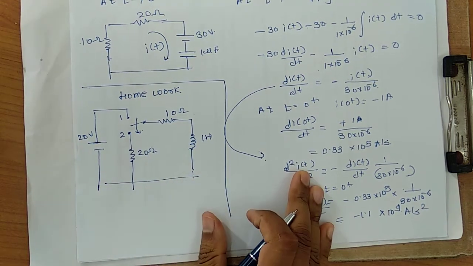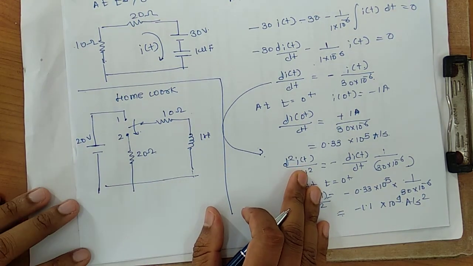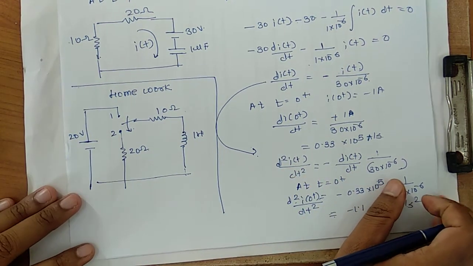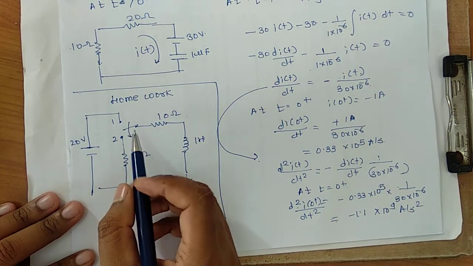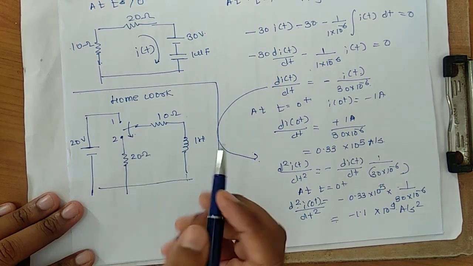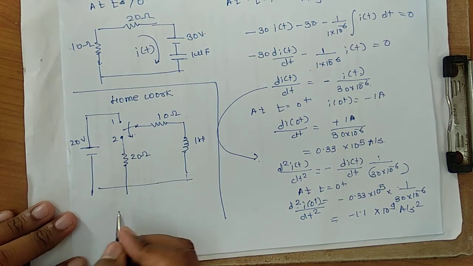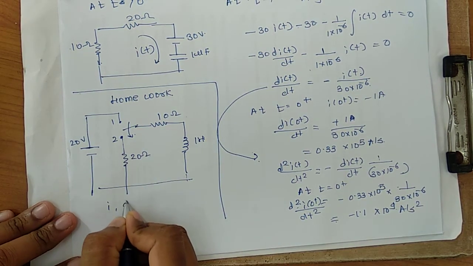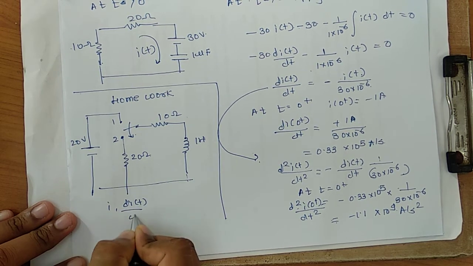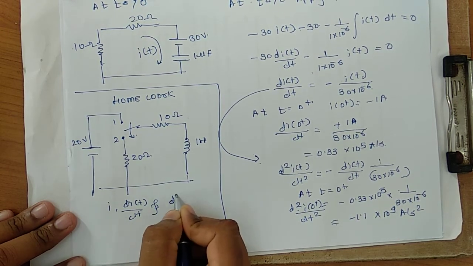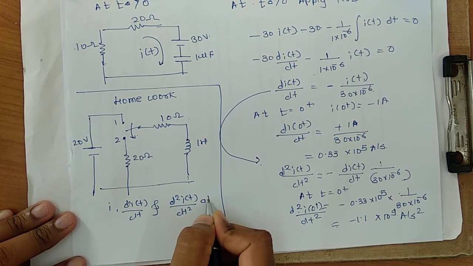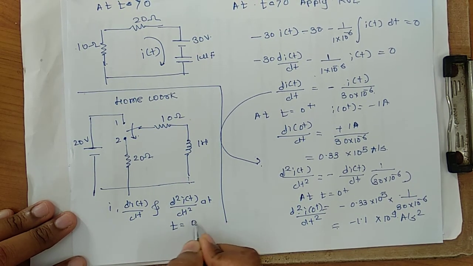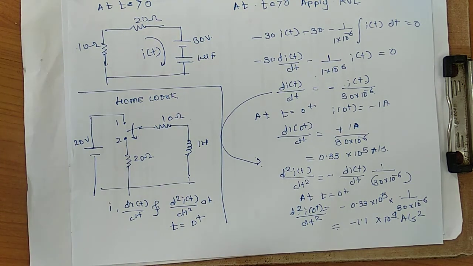You have to find out the same initial conditions as before at the steady condition. When the switch is at position 1, it was in a steady condition, and you have to find out I, dI of t divided by dt and d2 I of t divided by dt square at t is equal to 0 plus. So do it for homework.